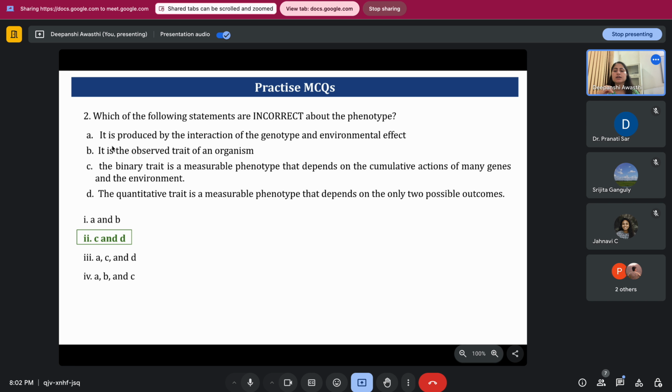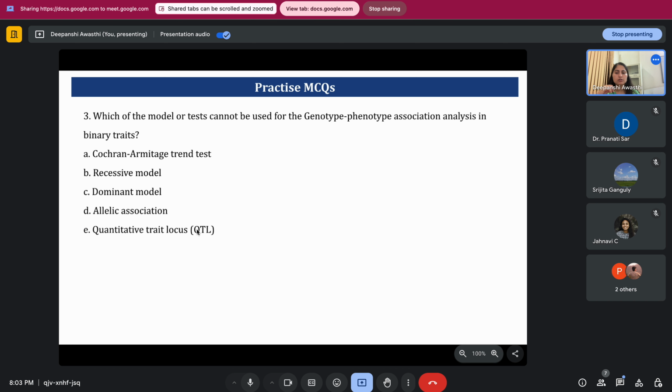But if you see option C, the binary trait: when we say binary, it is often mentioned when two outputs are involved, either 0, 1, yes, no. So a binary trait is a measurable phenotype which depends only on two possible outcomes, whereas quantitative traits are not governed by only two outcomes; there is the cumulative action of many genes. For example, skin color is a quantitative trait. So in that way, options C and D were incorrect. Now let's look at question number 3.